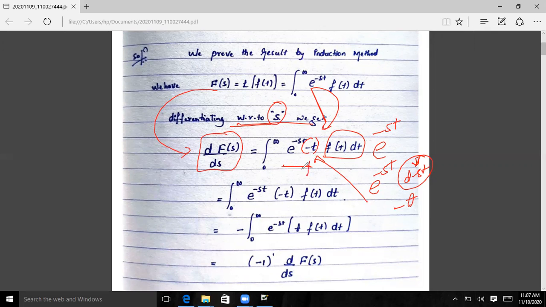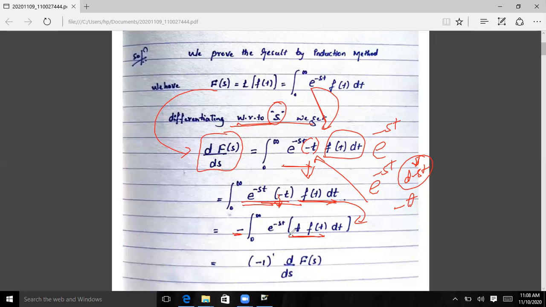We write this in the next step as the integral from 0 to infinity of e to the power minus st into minus t f of t dt. Taking minus 1 outside, this is minus 1 times the integration over 0 to infinity of e to the power minus st, t into f of t dt.